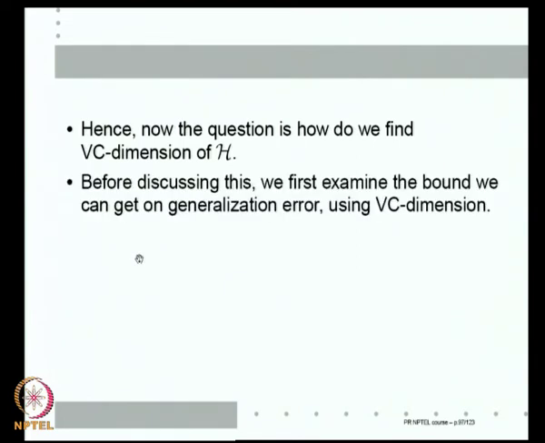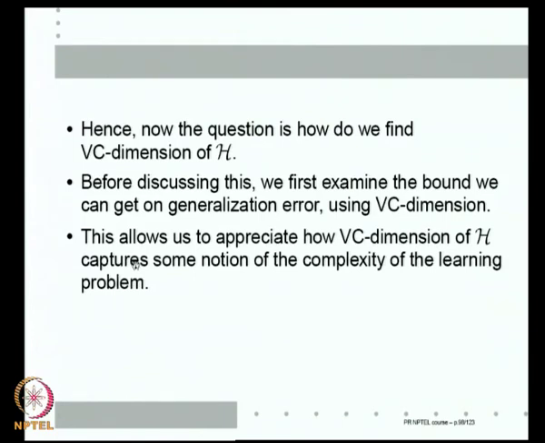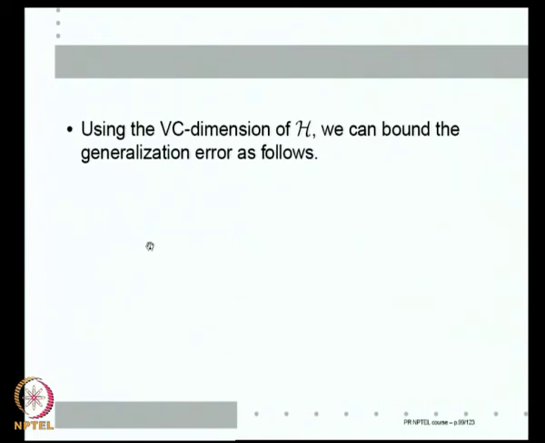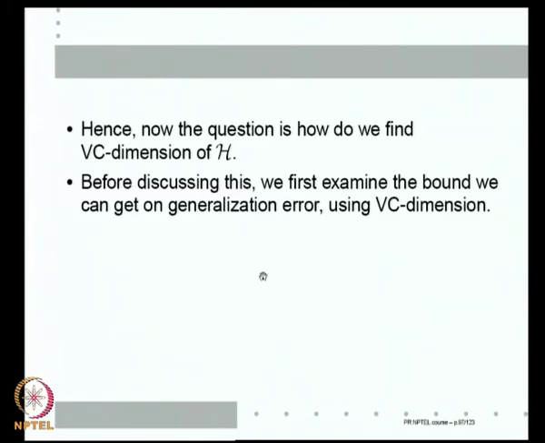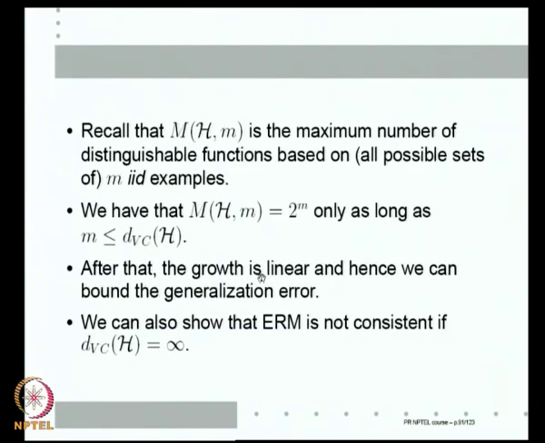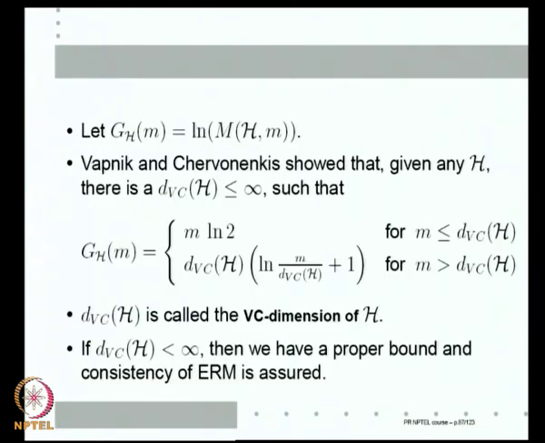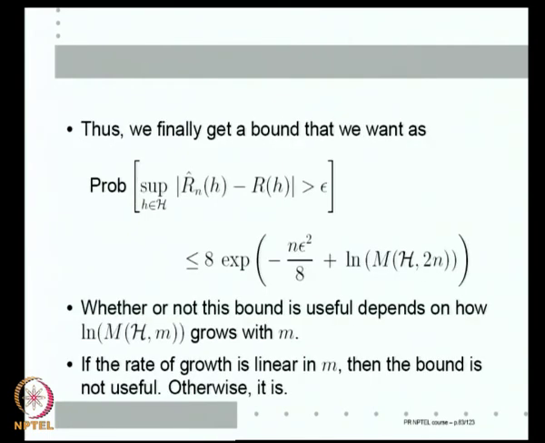But before getting into the VC dimension of H, which we will do in the next class, we will very quickly take a look at the kind of bound we obtained on the generalization error. We have this bound that we obtained on the generalization error. This is essentially the generalization error for us.